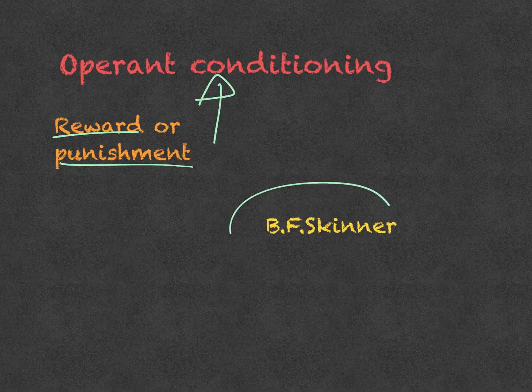So this was developed by B.F. Skinner, and operant conditioning is a way of learning by means of reward and punishment. So this type of conditioning links a certain behaviour to consequences, either a reward or a punishment. So either getting a lollipop or a gold star sticker for doing a job well done, or having a detention or being grounded.